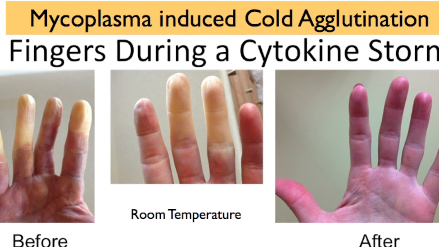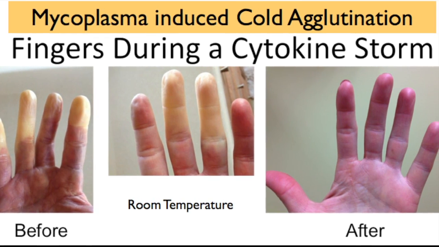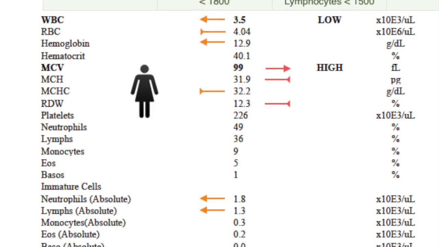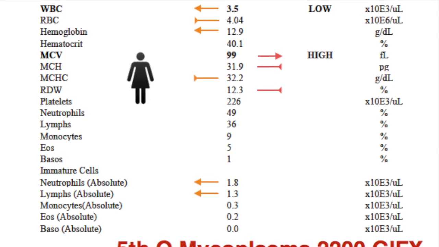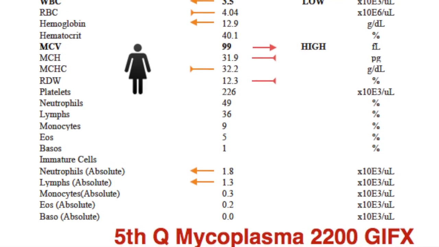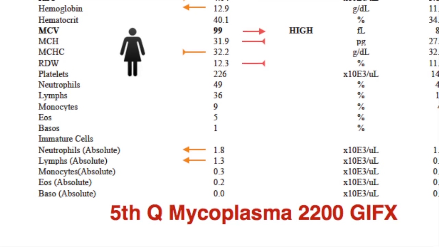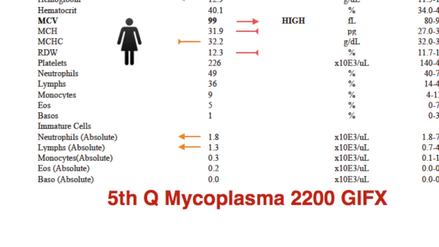Mycoplasmas famously cause patients to produce erythrocyte cold agglutinins and develop symptoms of Raynaud's syndrome. Lab results showing low hematocrit, normal hemoglobin, increased MCV and MCH with decreased white blood cells indicate the possibility of a mycoplasma infection.